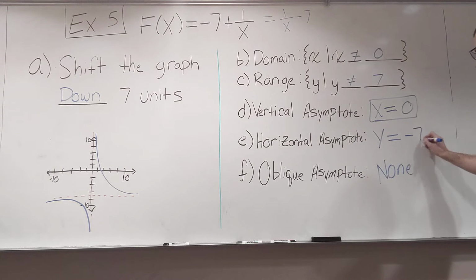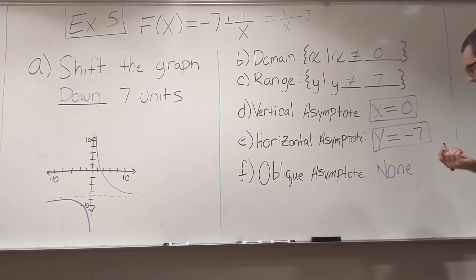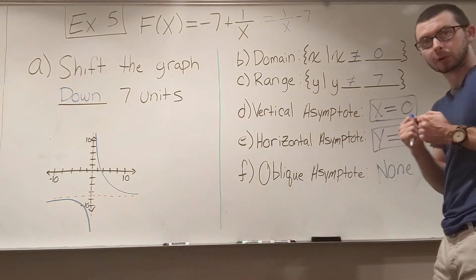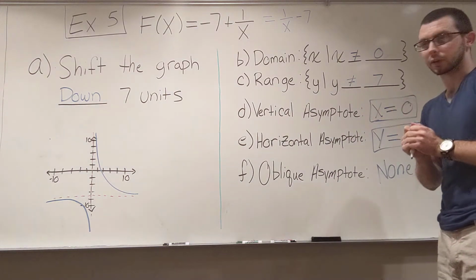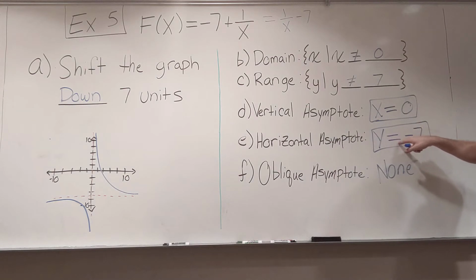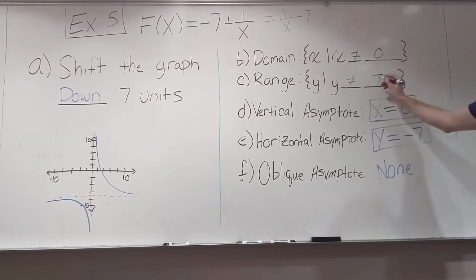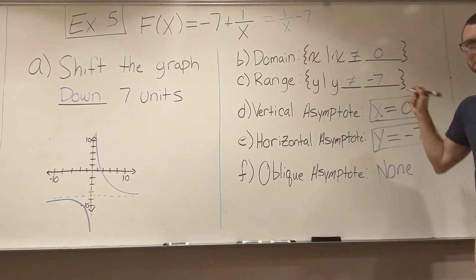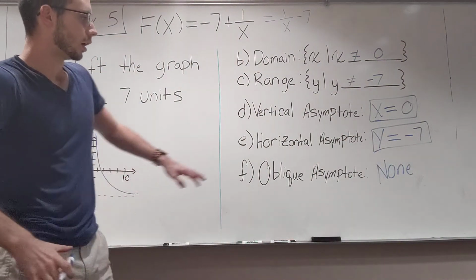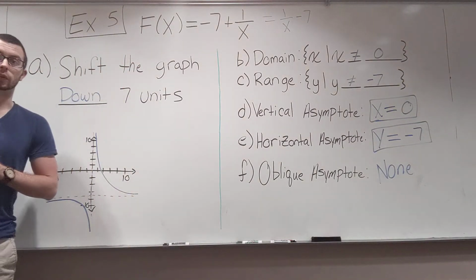So this is y equals -7, and that would be our answer for the horizontal asymptote. Again, the horizontal asymptote and the range are very much connected. But notice one says not equal to -7, and the other one has an equality to -7. I just realized that should be a -7 in the range. So if you noticed that earlier, sorry. We already figured out the oblique asymptote, so that would be our answer to this problem.